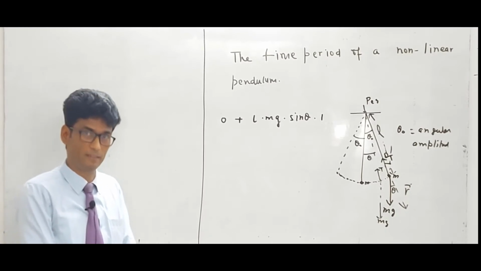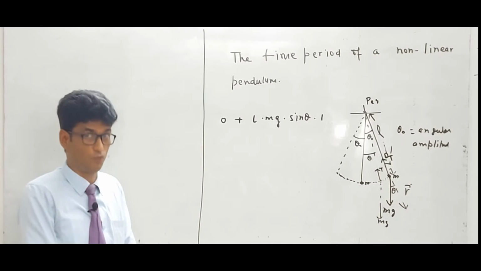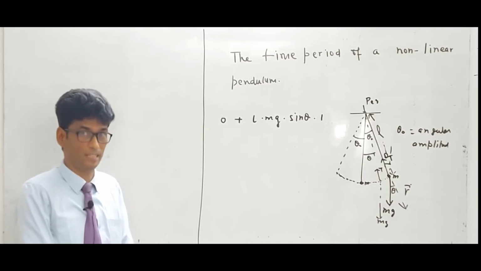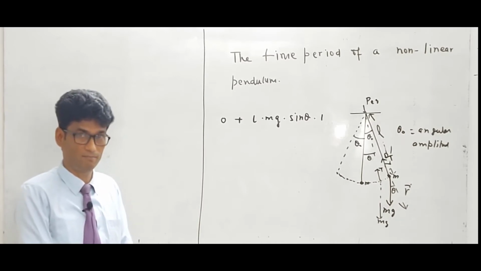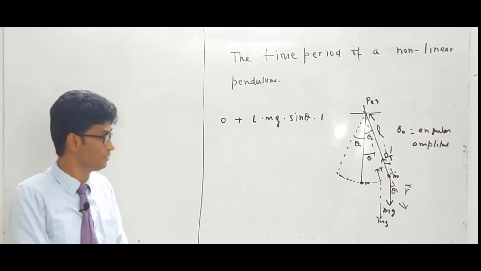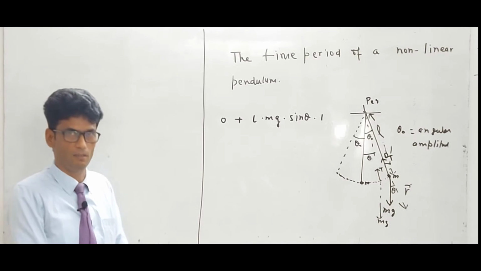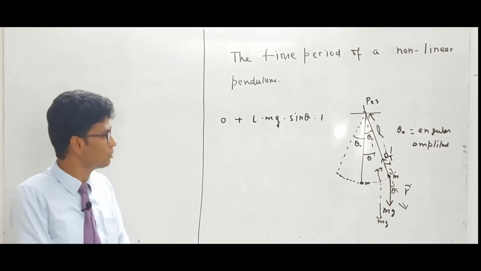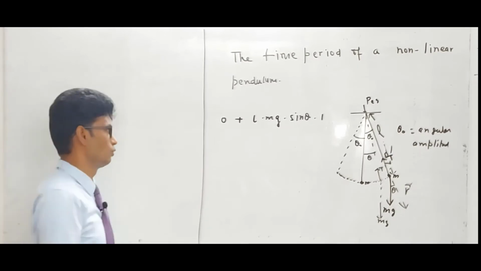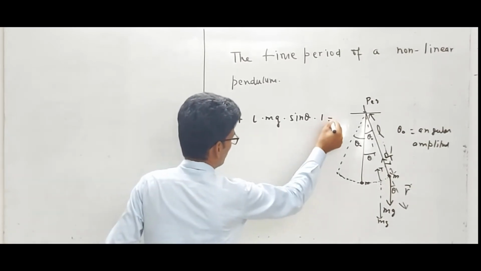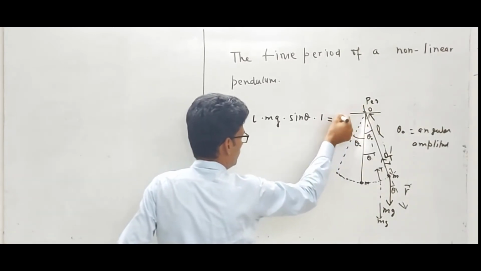However, keep in mind, it is not always the case. We do not always take torque equal to I alpha. We will take this in detail in rotational dynamics. But in some cases, we take torque equal to I alpha. So this is equal to I what? About this peg, say O, I_O.